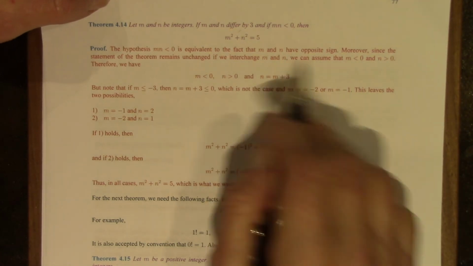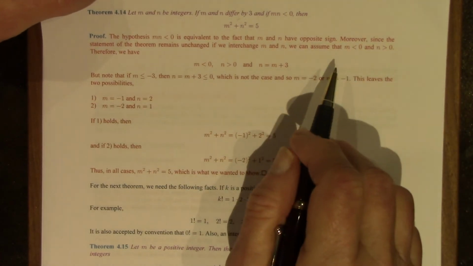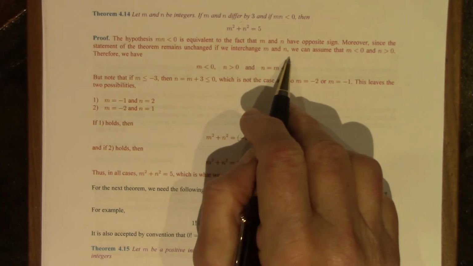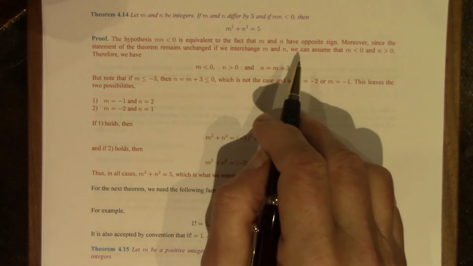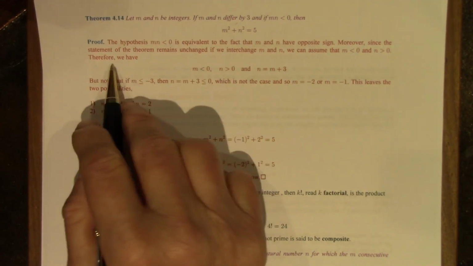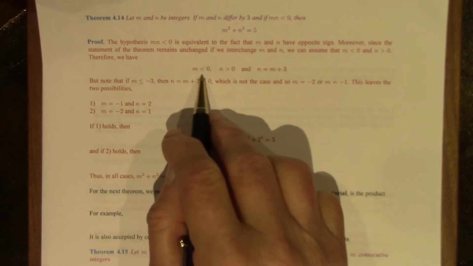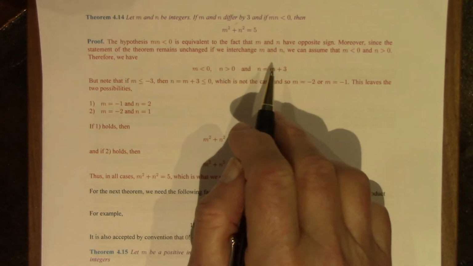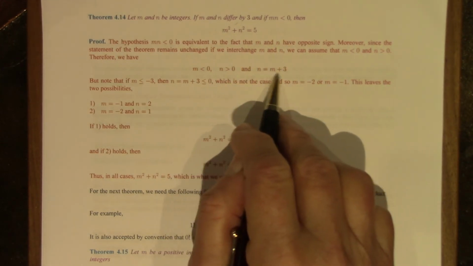Okay. So either way would be just fine. But again, we are using a symmetry argument to cut the proof in half. So in summary, therefore, we have m less than 0, n greater than 0, and n equals m plus 3.